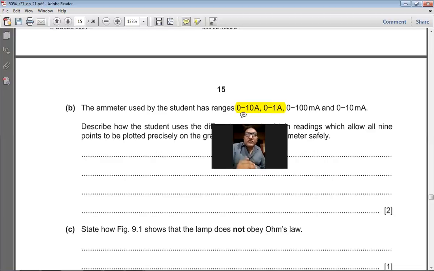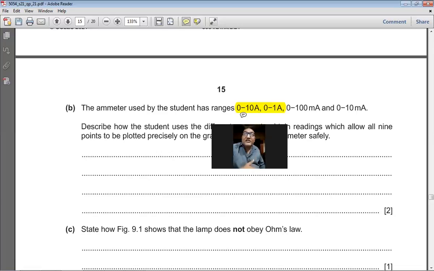If the pointer shows a very small reading, then you can lower the range. If it's showing a significant reading, for example, you choose the 0 to 10 ampere range at the start, and that's the precaution. We always use the maximum range at the start of the experiment.